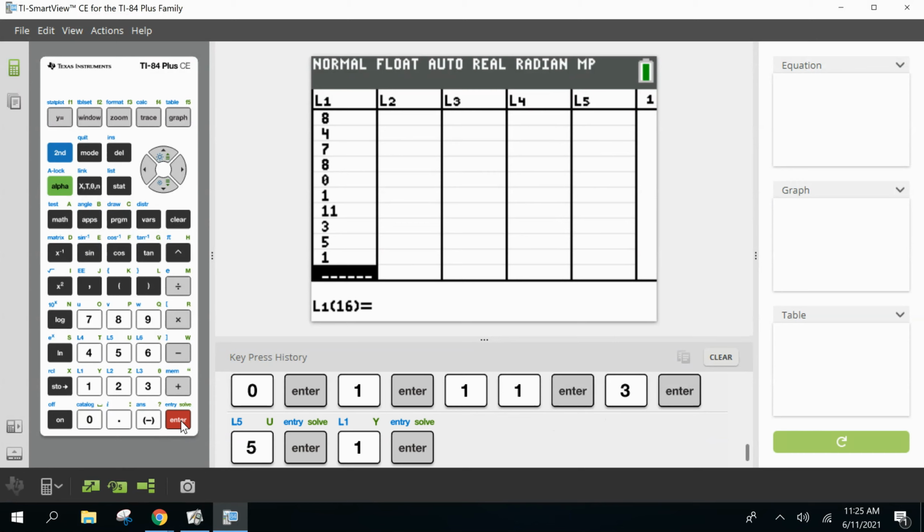And again, after you type them all in, just check them real quick. Make sure they all match.